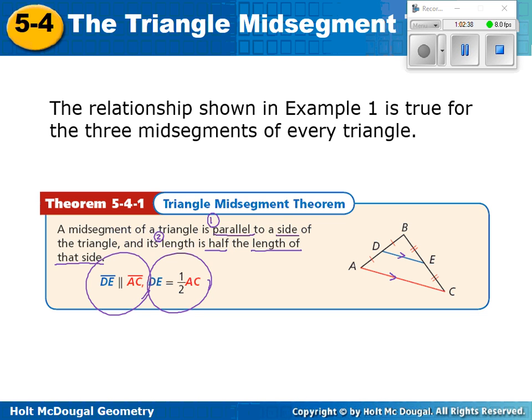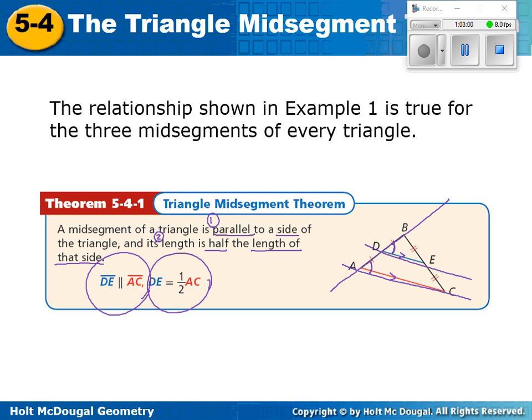Okay, and then I'm going to warn you about tricky questions on the homework. When we talk about parallel lines, we can't forget what we learned back in chapter 3. When two parallel lines are cut by a transversal, then we have those corresponding angles that will be congruent. Keep that in mind when you get to the pictures.